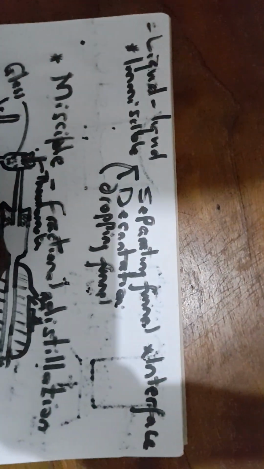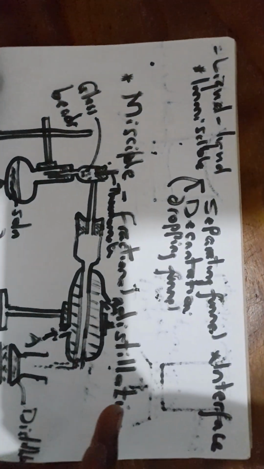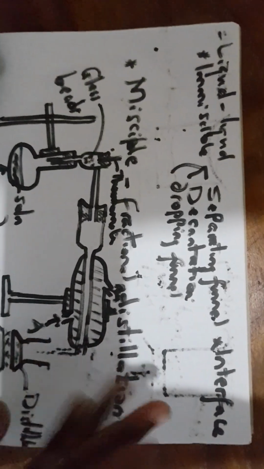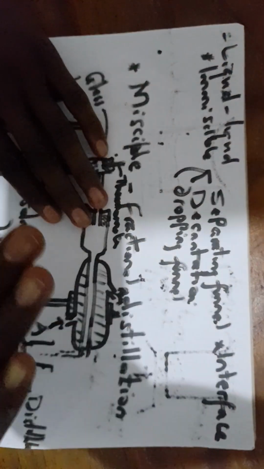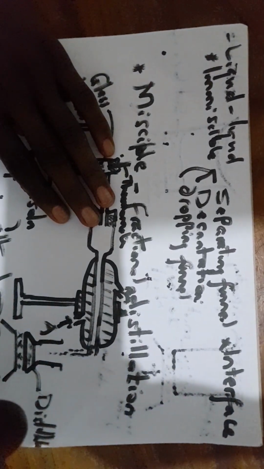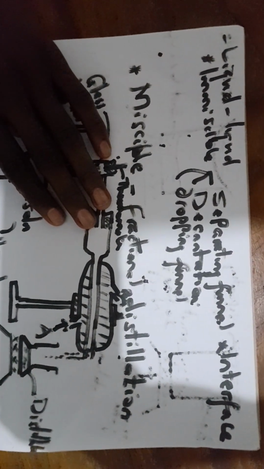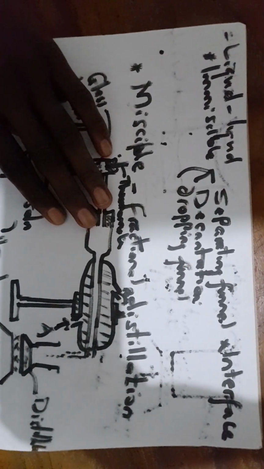We also have decantation. During decantation, you can have two containers, just like the way I was explaining in the last class. One container is down, the other one is up there. The moment you tilt the container, the liquid up there will go down and you will remain with the other one.